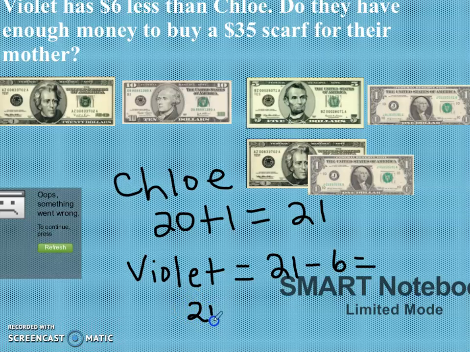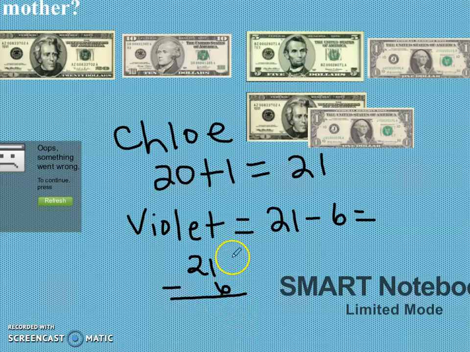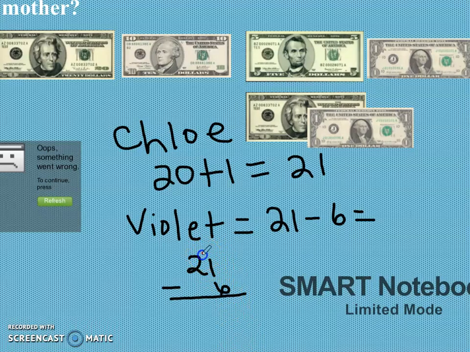So I'm going to line up my numbers. 21 minus 6. So remember, when we're subtracting, if the number on the floor is more, I have to borrow from next door. That's right. So I cannot take 6 from 1. So I have to cross out my 2, make it into a 1, and put a 1 in the 1's place, right?